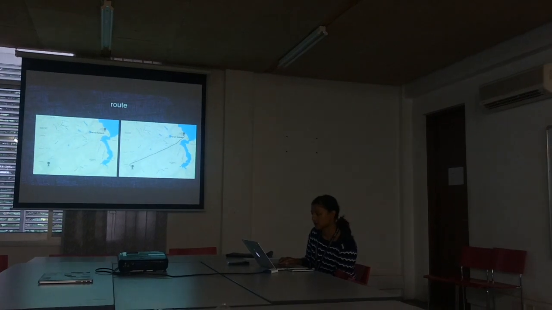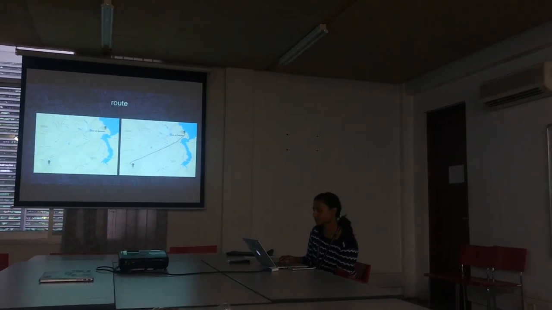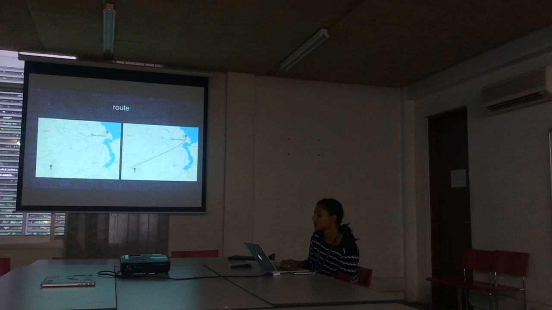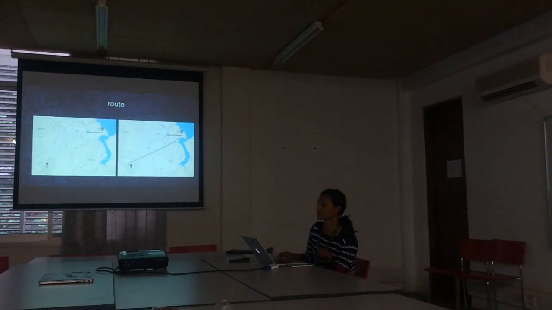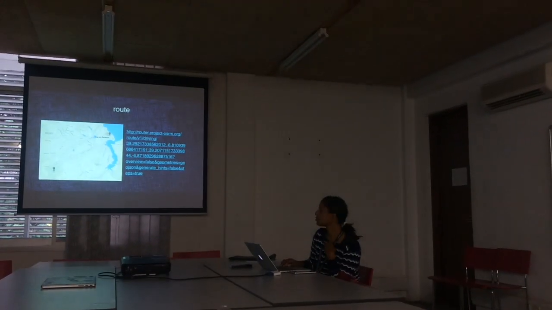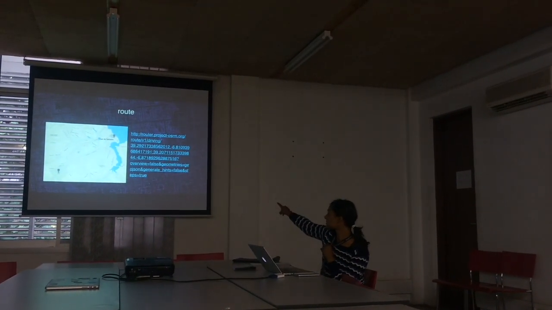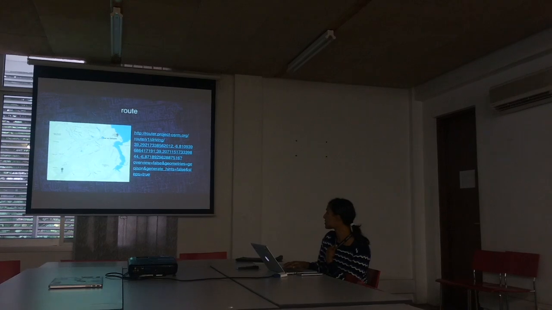Okay, then the second service is called route. And this is your typical use case, getting from point A to point B. You can send requests, or just click on the URL on the right.